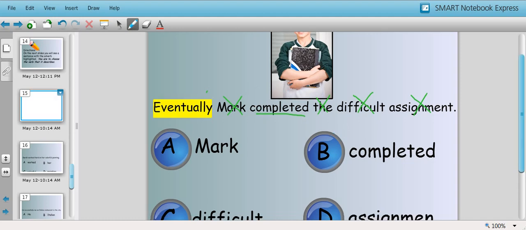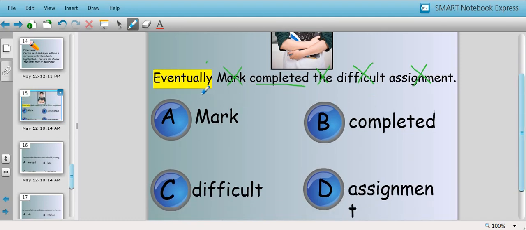Yes, it does. Eventually, Mark completed the difficult assignment. Completed is our verb. Eventually modifies it by telling us when Mark completed the difficult assignment. Mark completed it eventually.